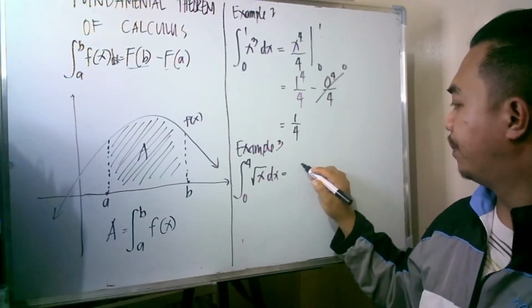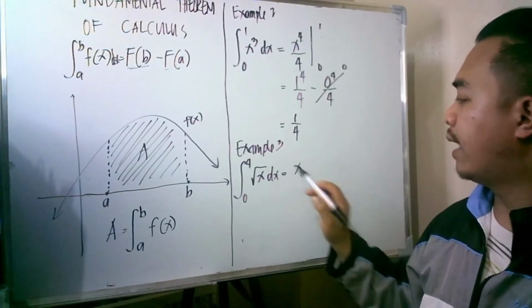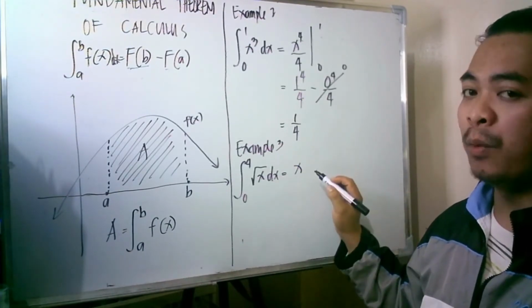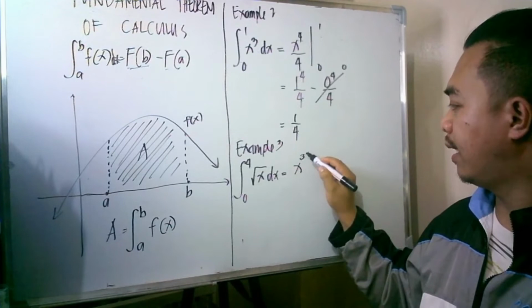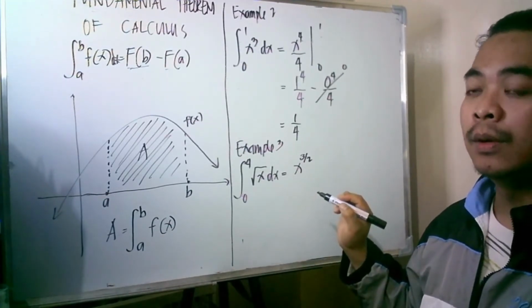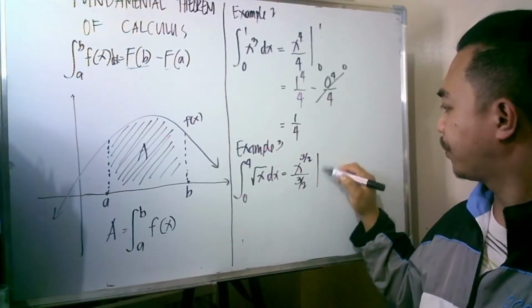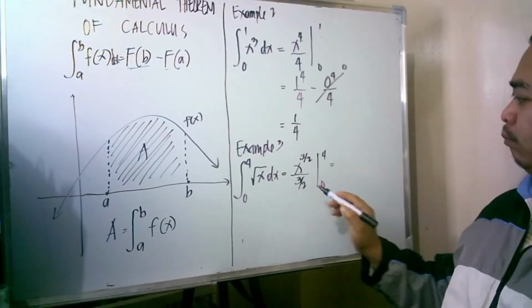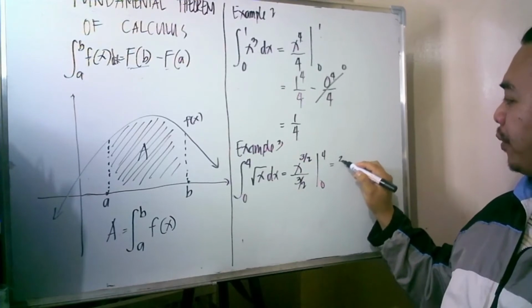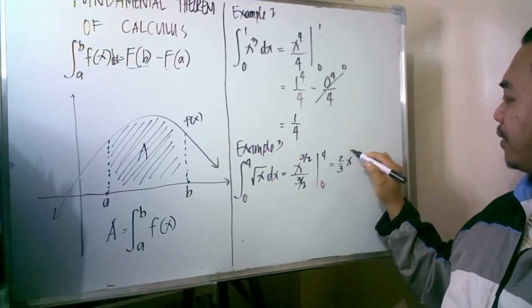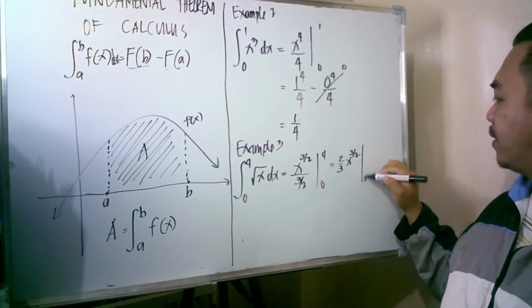Power rule, pag integrate natin yan, kung 1/2 yung exponent, pag mag-add tayo ng 1, 1 in 1/2. Pero mas gusto natin na nakasulat as 3 over 2. 1 in 1/2 is the same as 3 over 2. Over 3 over 2. From 0 to 4. Pwede natin isulat to as 2/3 x raised to 3 over 2 from 0 to 4.